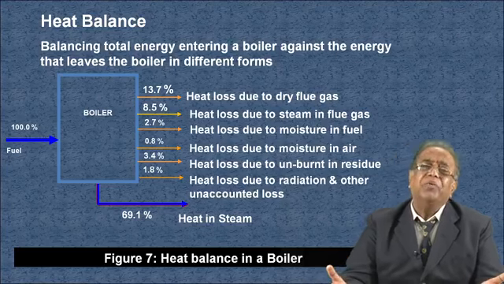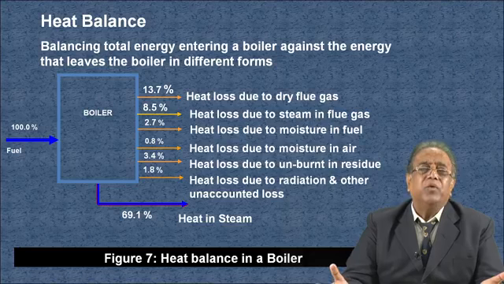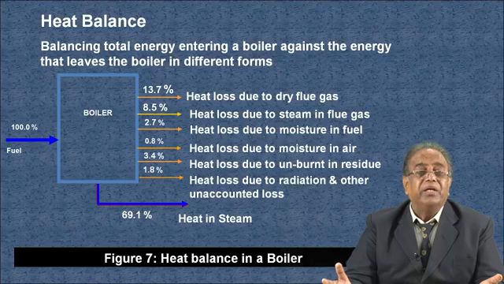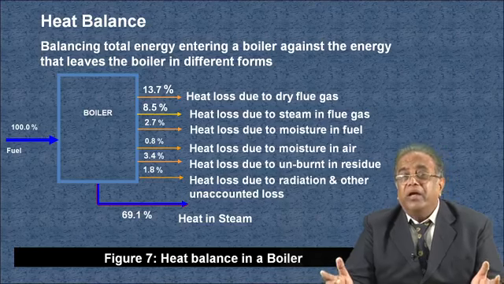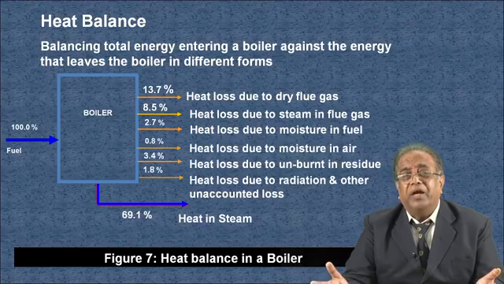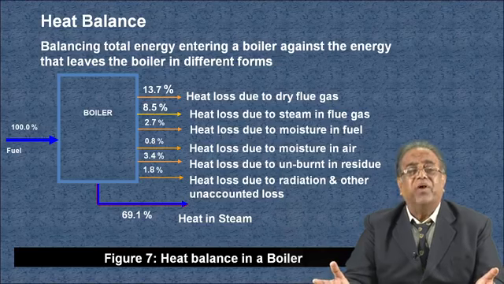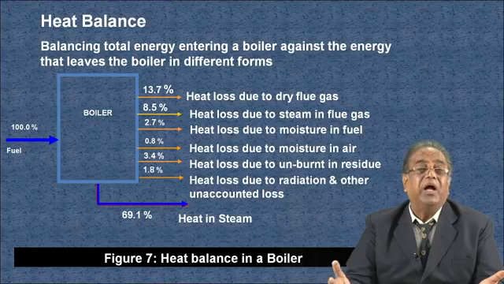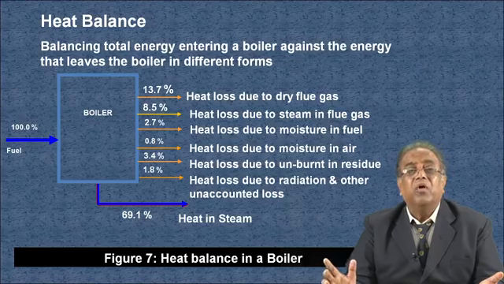So what may be the losses? When you use air for burning of fuel, moisture is contained in the air. When air participates in the burning process with the fuel, the moisture in the air is converted into steam and simply goes out with the flue gas. That is a loss.